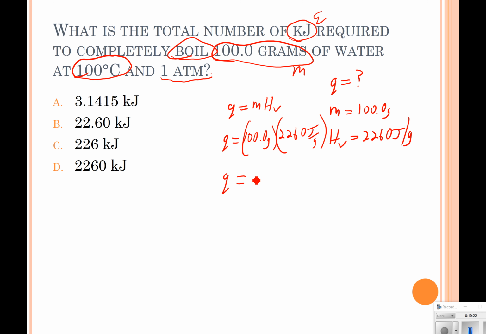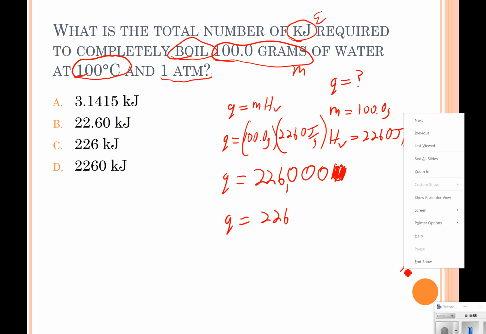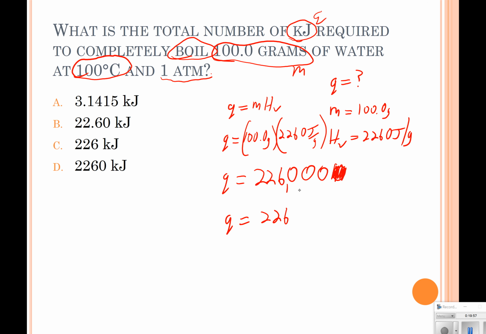And our Q value comes out, let's see, get all my zeros in order here. I've got one too many. I'll cross that out instead of erasing, I apologize for the messiness of that. And when we round this, this comes out to 226 kilojoules.